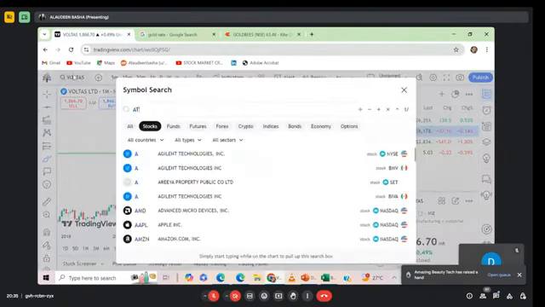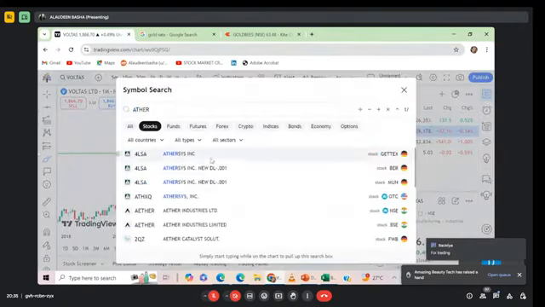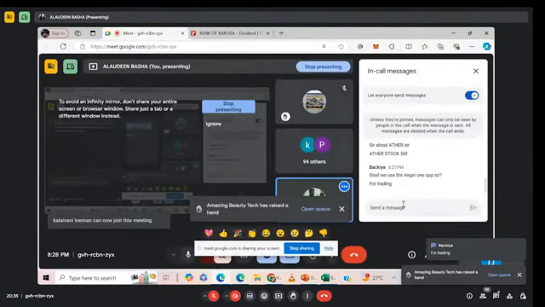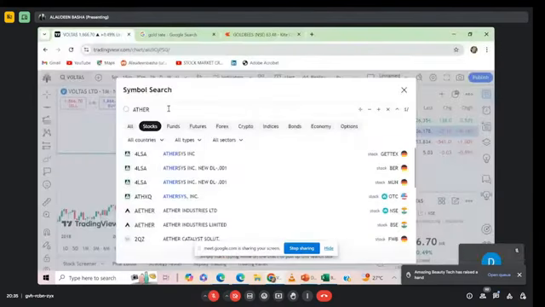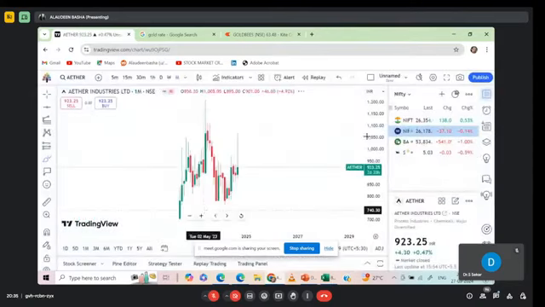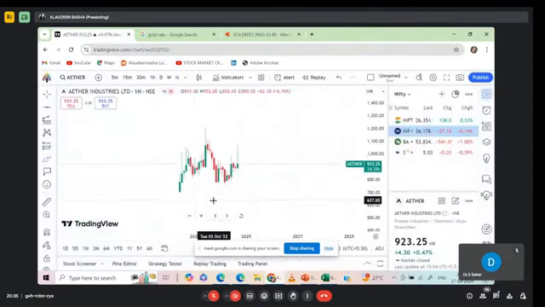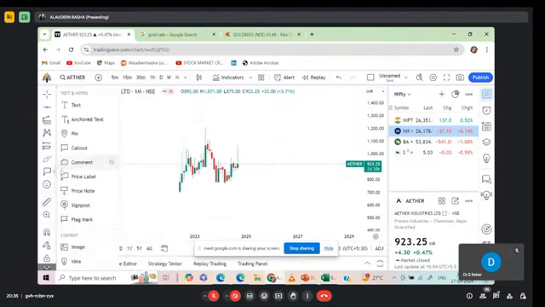Next one is Eather. Sir, I think it was listed in 2022, so this company is only 2 years old. In my point of view, it's sideways.